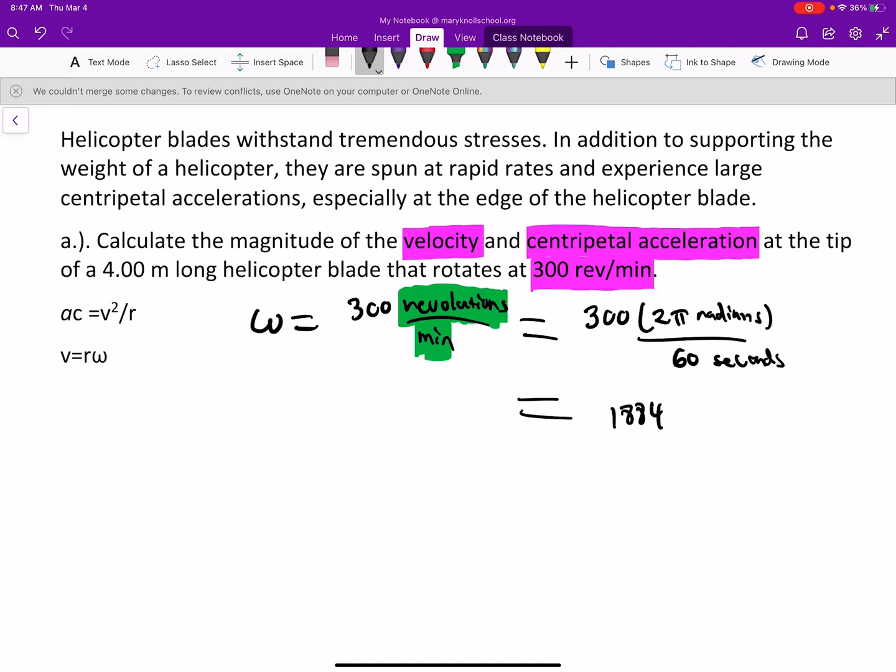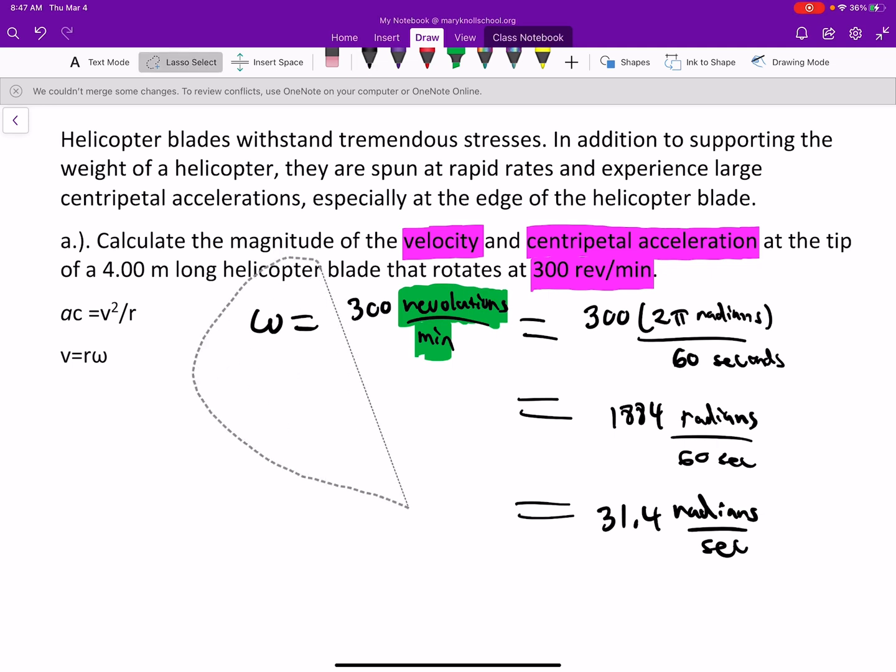Okay, so we get radians every 60 seconds. All right, so I took 1884 divided by 60, and I got 31.4 radians per second. Okay, so now that we've converted the units, we can go ahead and solve.